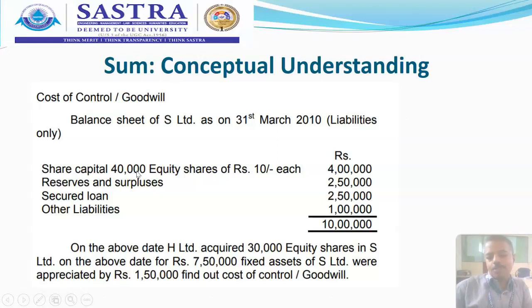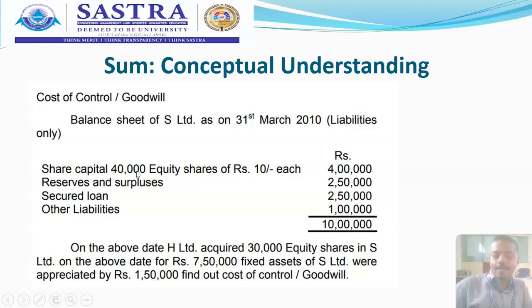Please make this note. If it is less than 50%, we need not calculate all these things. Sometimes it happens in MCQ tests, even in some professional exams, they will give less than 50% of the equity shares, which means if you understand the basic idea behind this, you will not go forward to calculate goodwill itself.